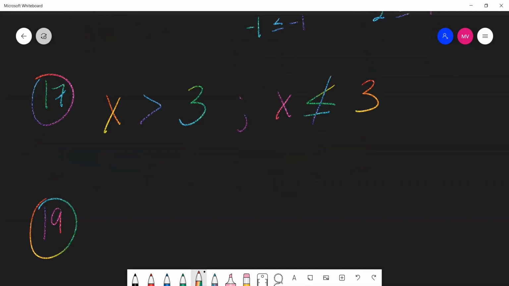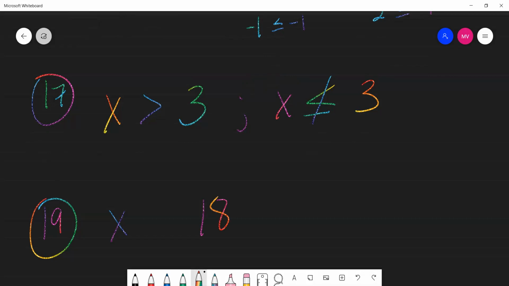All right, number 19. So for number 19 on the number line, we have a closed circle at 18, and then the arrow moves right. So Gabe, how would we write that? X is what? First off, what number are we putting to the left of our inequality here? 18.